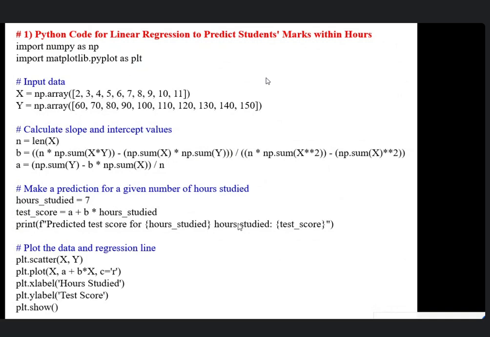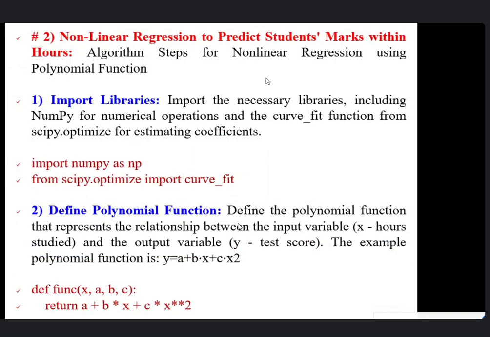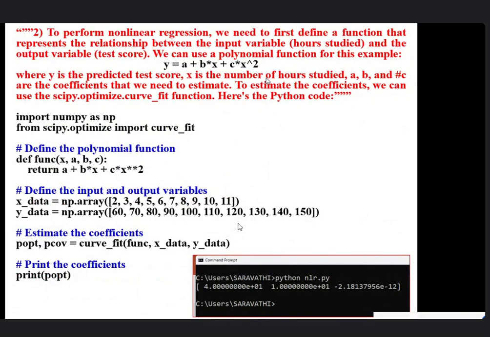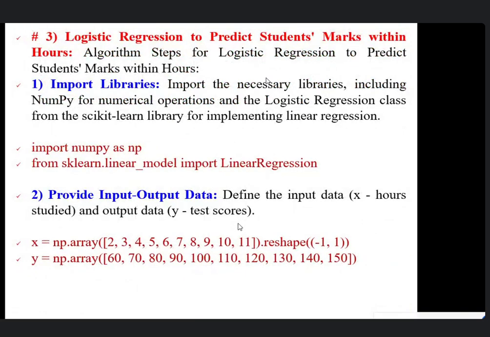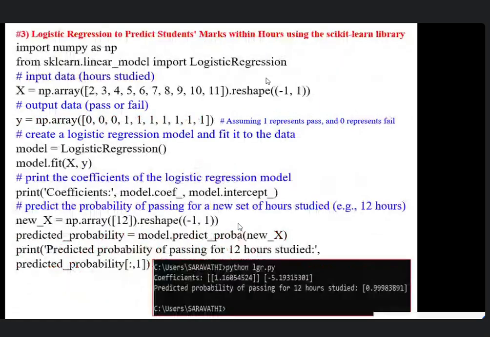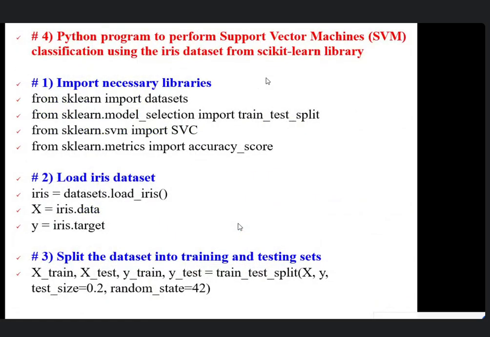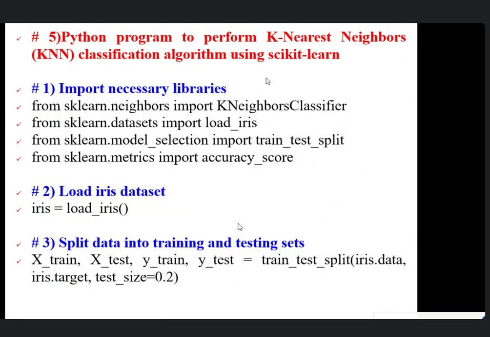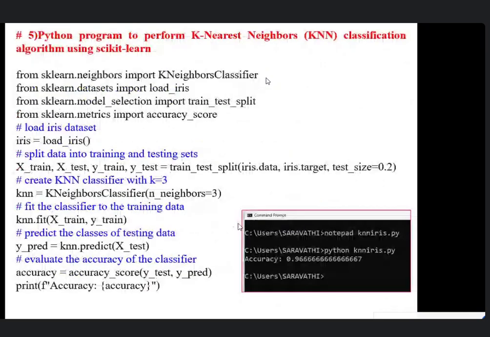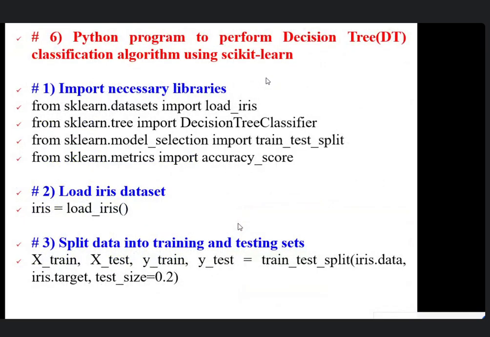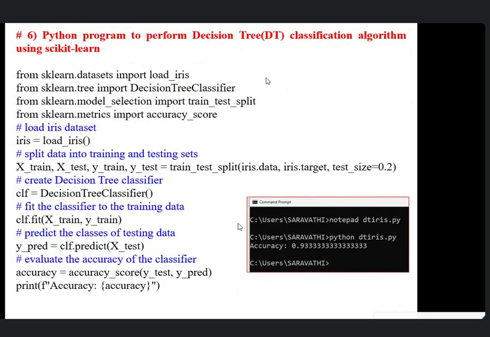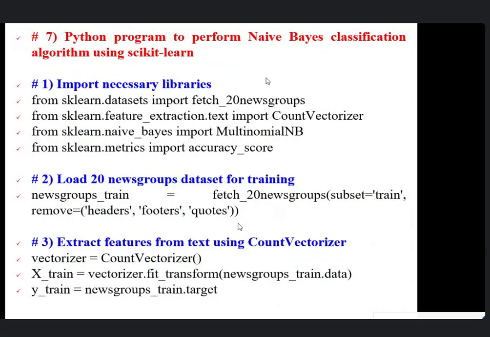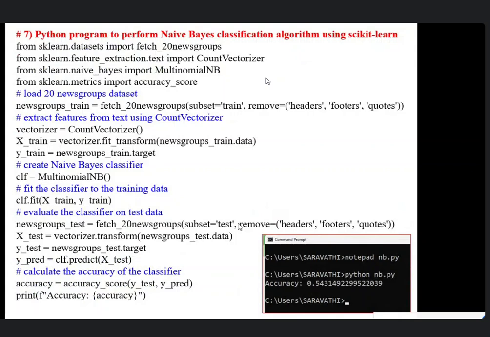Linear regression application, then nonlinear regression application, then logistic regression application, then support vector machine, then k nearest neighbor algorithm with the program, decision tree, then naive Bayes classification algorithm, followed by the programs using scikit-learn.